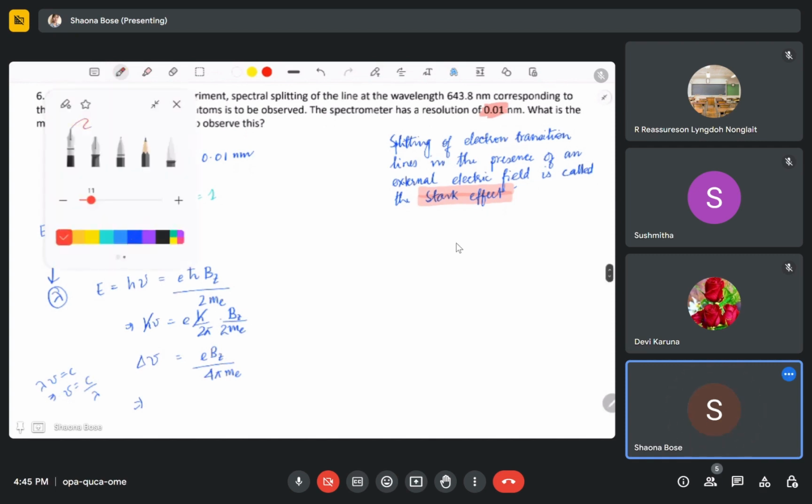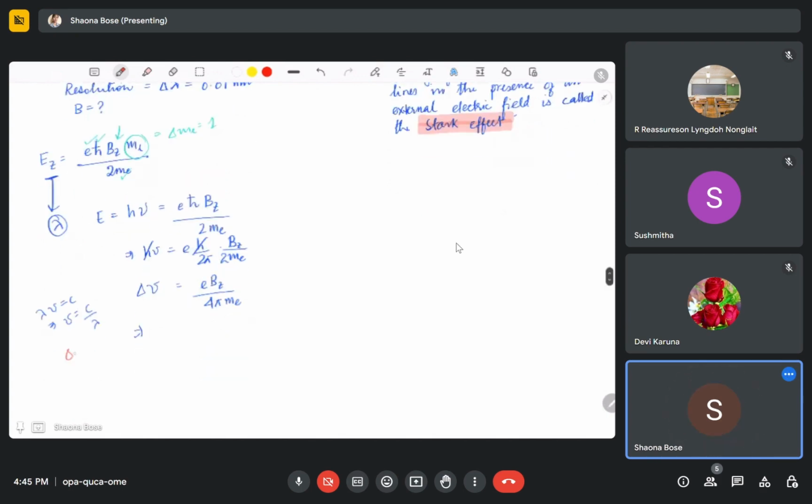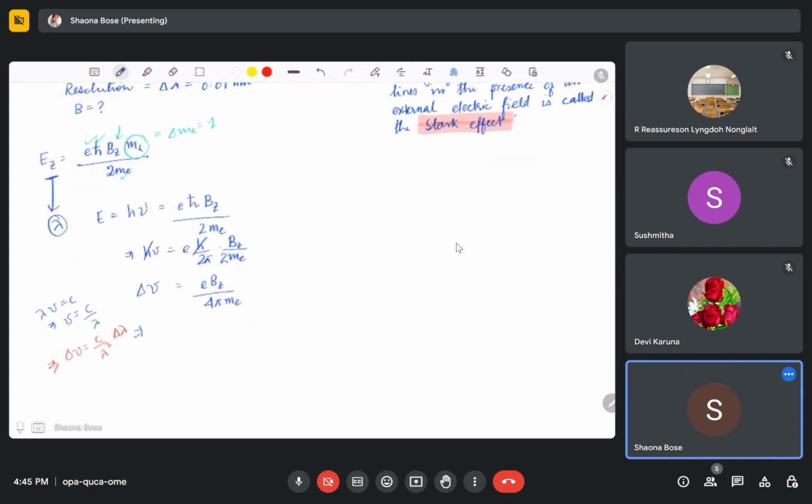So similarly here, if we have to take del nu in this equation, just do the derivative, that is del lambda, isn't it?